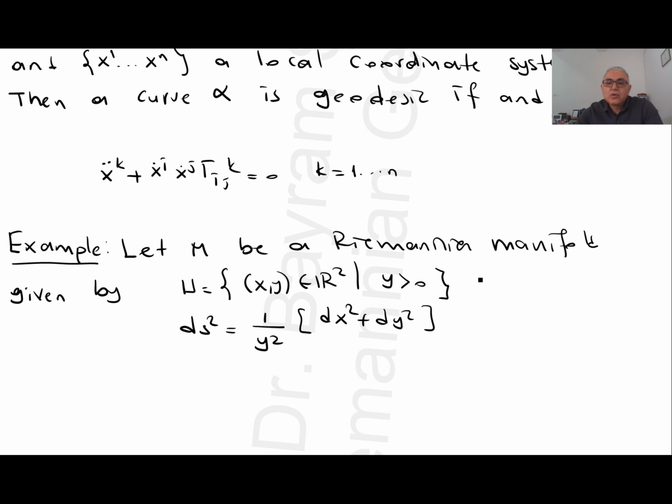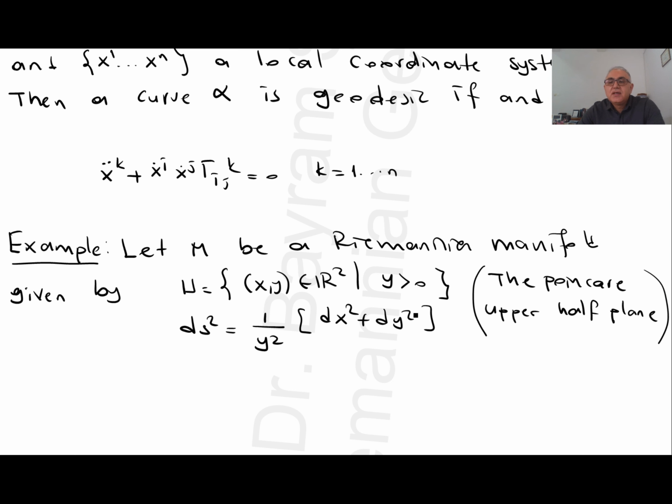This one has a name: the Poincaré upper half plane. Although we have a plane R², the metric is not the Euclidean metric, so it is not Euclidean space.